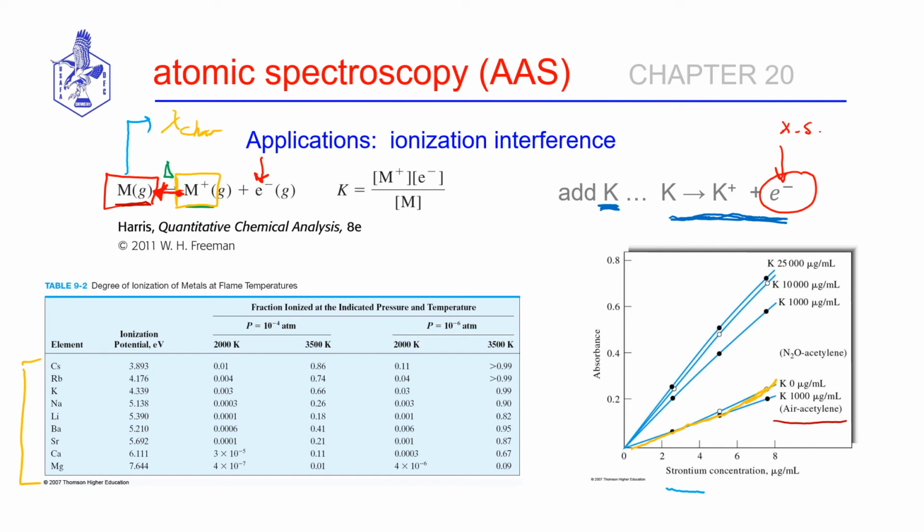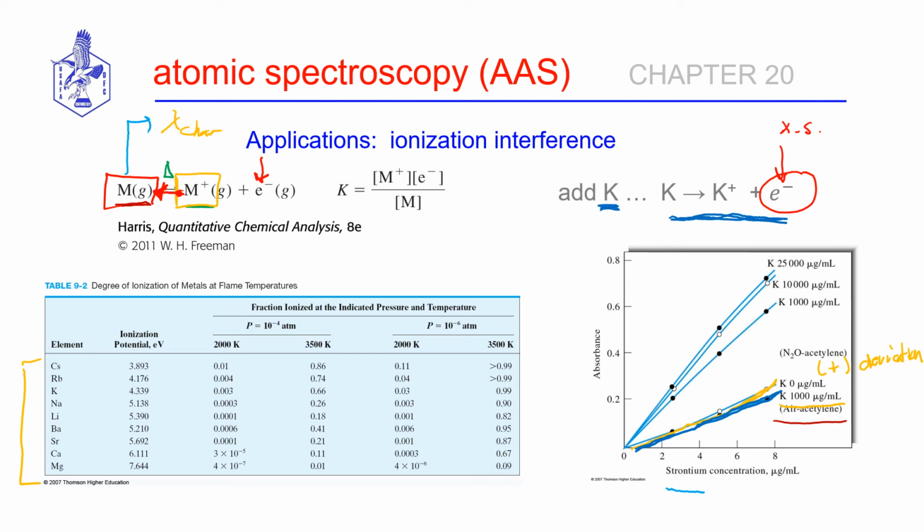We have a positive deviation. That's a sign that you have an ionization effect going on. Alternatively, if I had taken my solution and added potassium at 1,000 micrograms per mil, once again, those excess electrons push my strontium back to its ground vapor state, and I get rid of that positive deviation in my calibration curve.